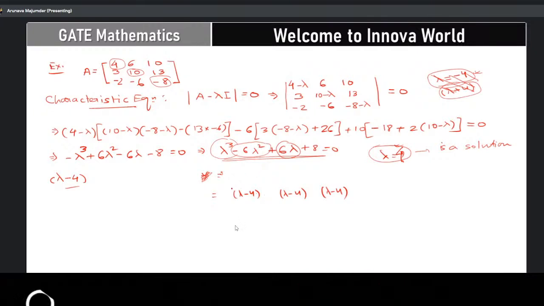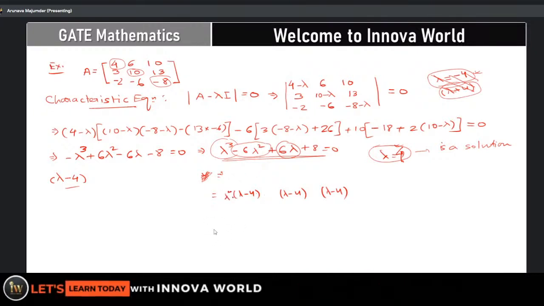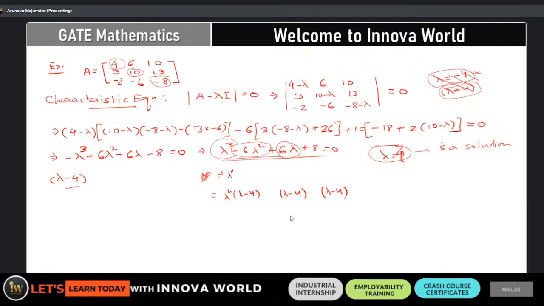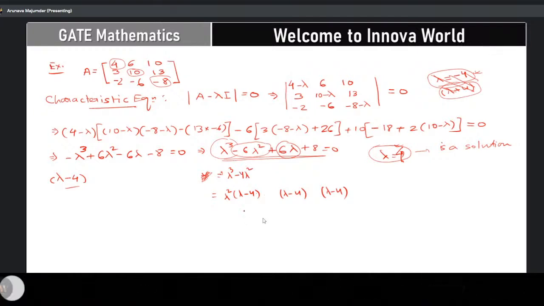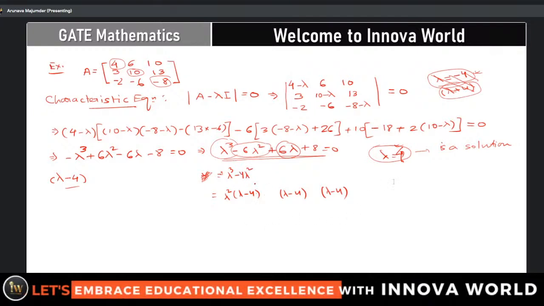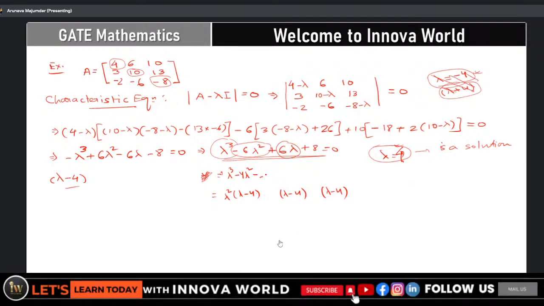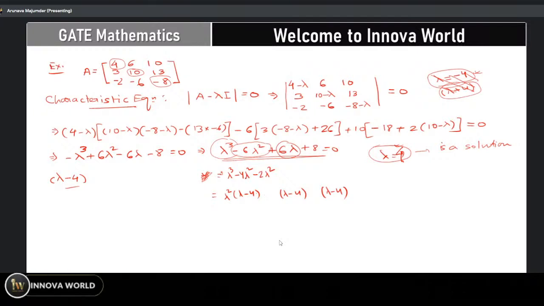So lambda minus 4, now the first is lambda square. So lambda square gives lambda cube minus 4 lambda square. Now what we are getting, it is 6 lambda square, so it means minus 2 lambda square. 4 plus 2, it is 6, yes.